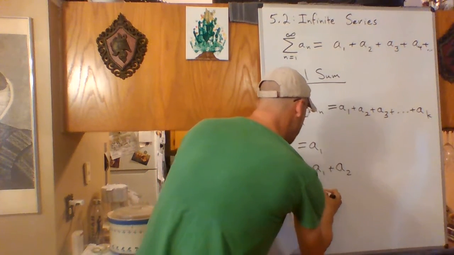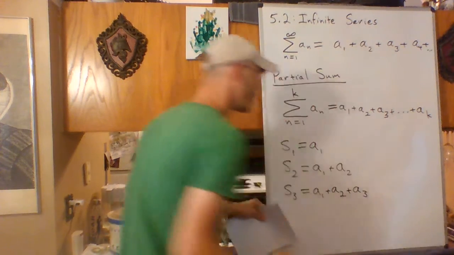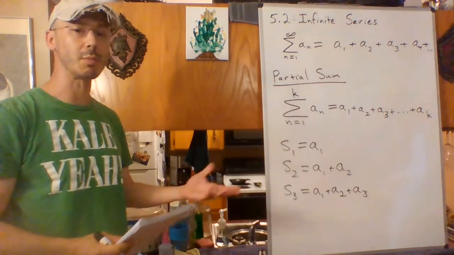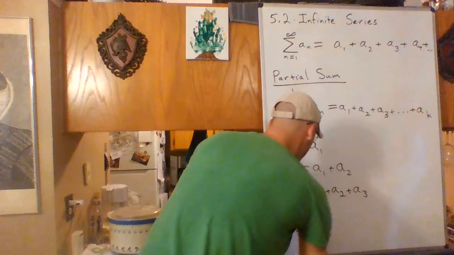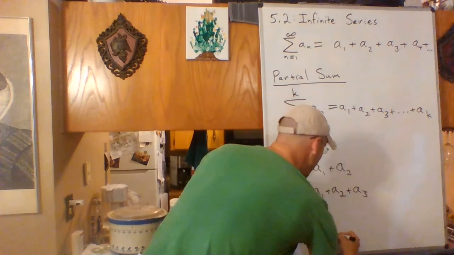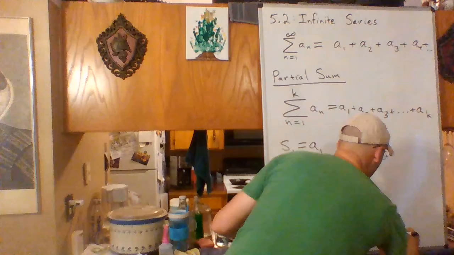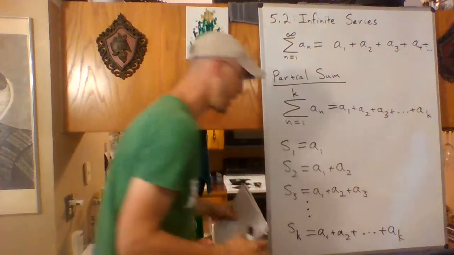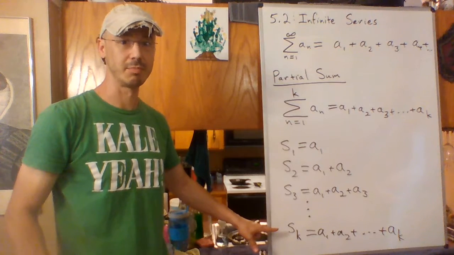S3 is the third partial sum, which is the sum of the first three terms. And in general, I'm going to write part of this just to emphasize the pattern: a1 plus a2 plus all the way up to ak. That's the kth partial sum.